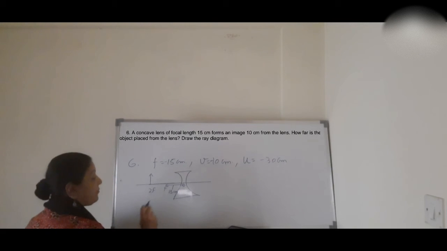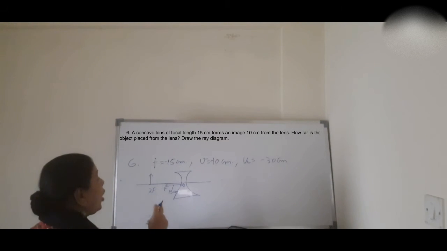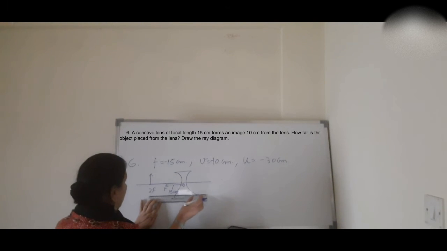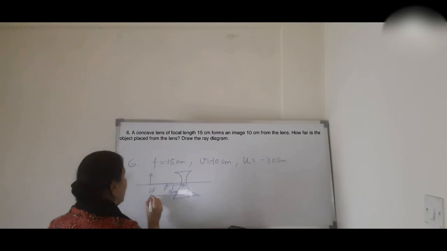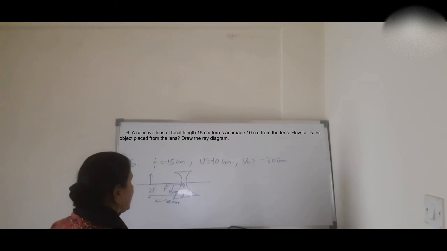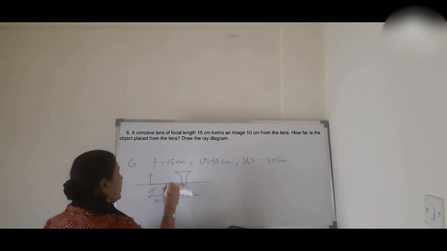f is equal to 15 centimeter, and u is equal to minus 30 centimeter, as we calculated, and v is equal to minus 10 centimeters. So somewhere here the image is formed.